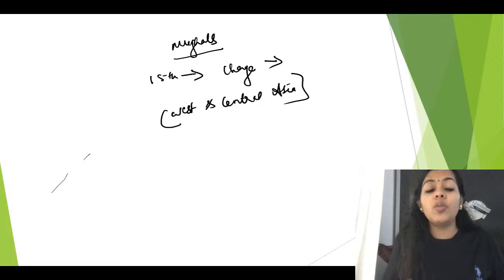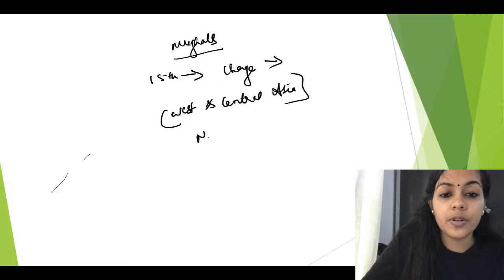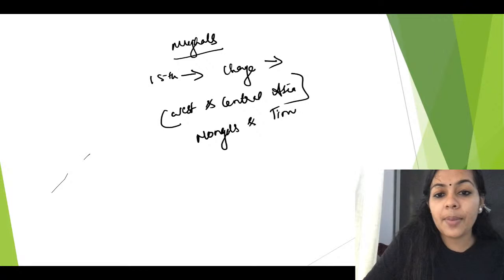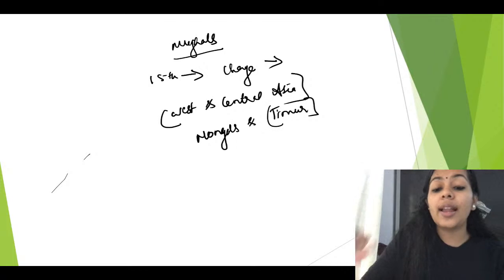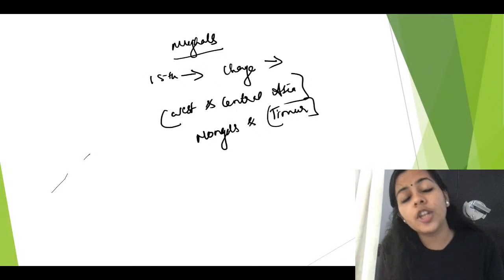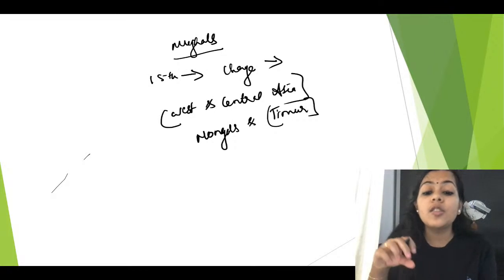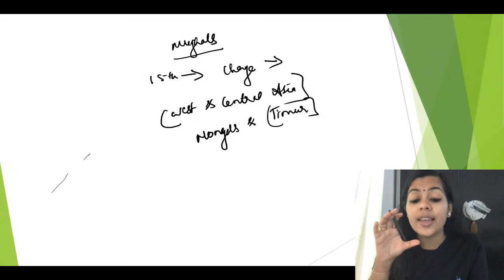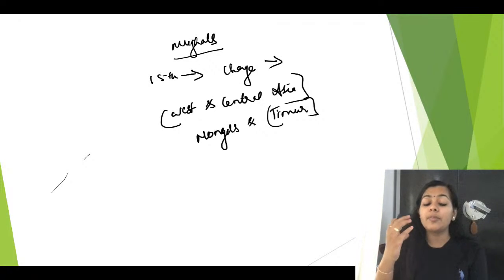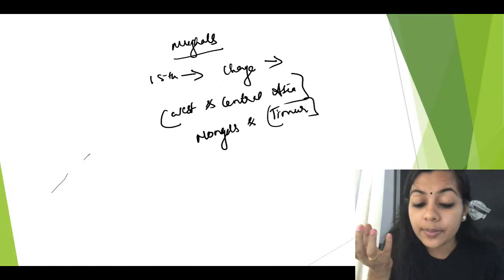Now what happens? Mongols and Timur come and attack. Especially the Timur attack led to the disintegration of the empire and the rise of regional kingdoms. We discussed this earlier, and we come across every regional kingdom also, right?